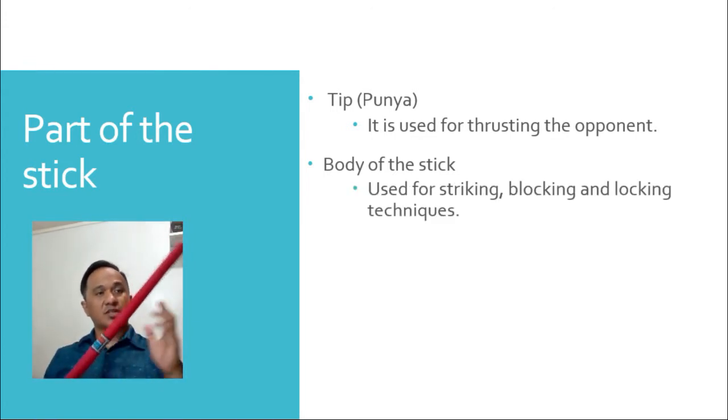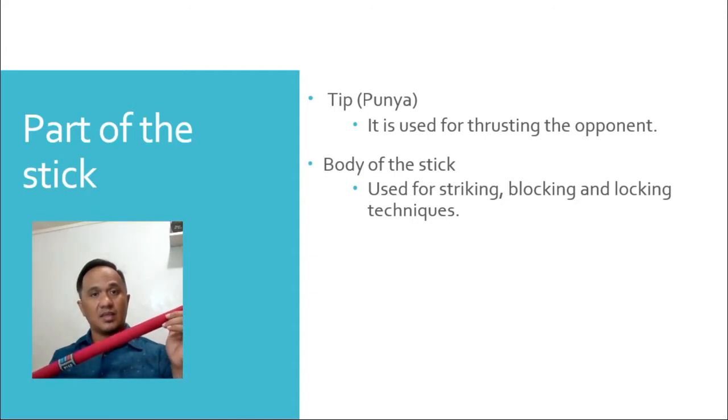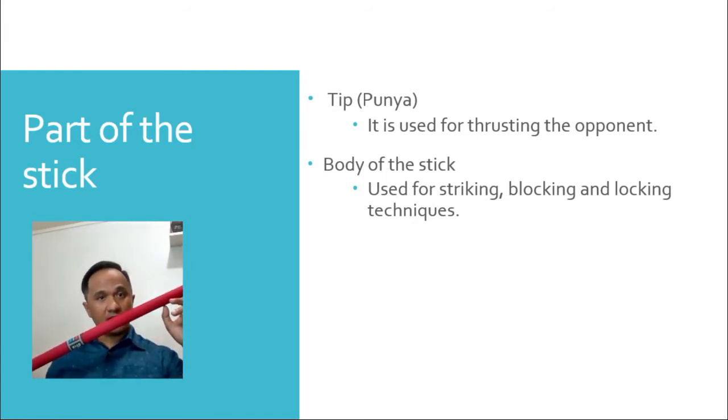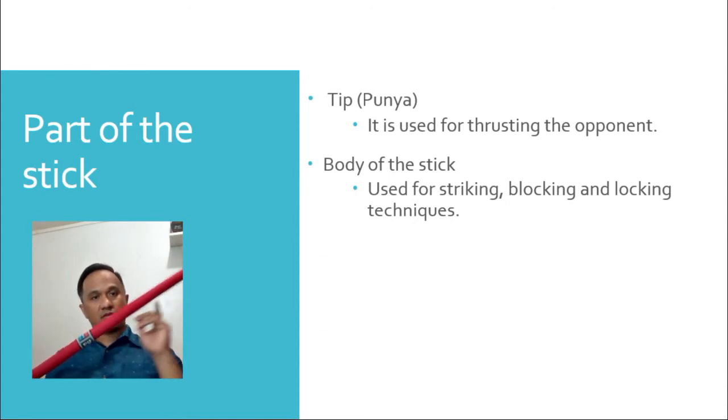It's used for striking, blocking, and locking techniques. Napansin niyo palagi sa mga napapanood kayo sa social media or sa YouTube, usually ang tumatama dyan ay itong body, or nagbablock, or naglalak.